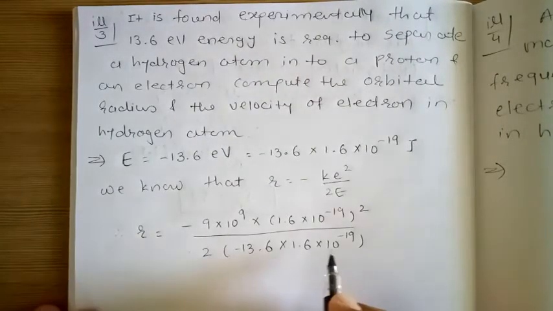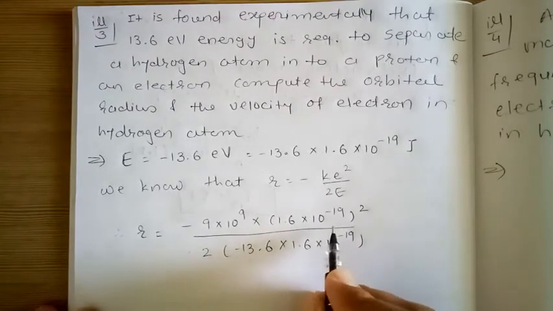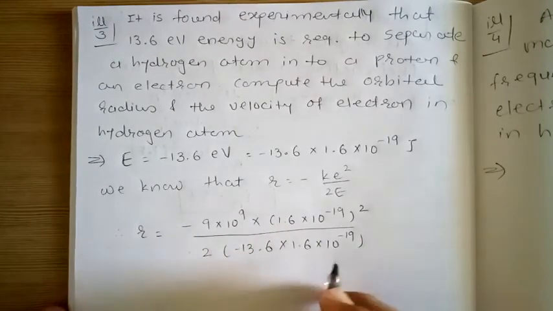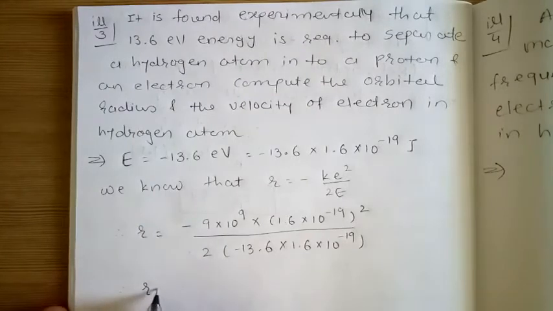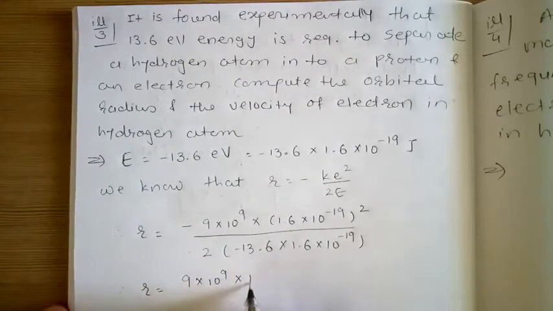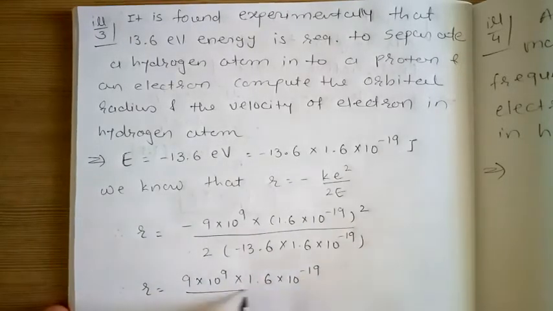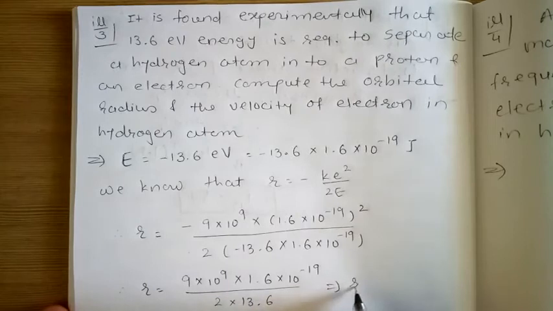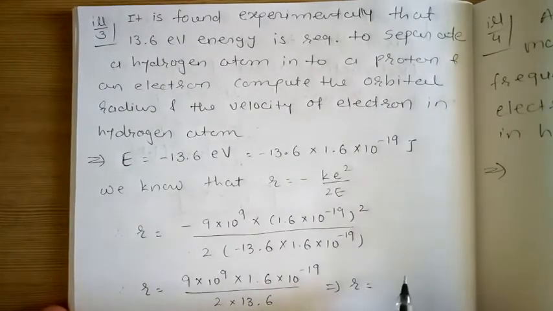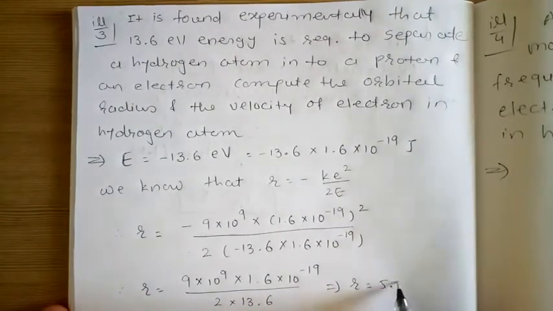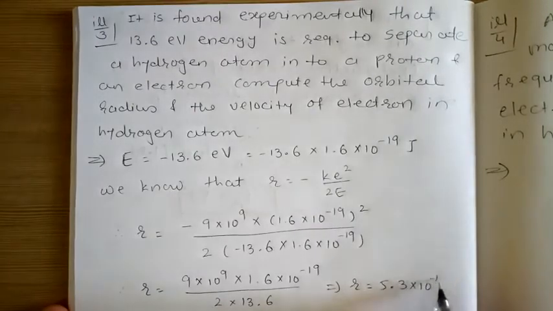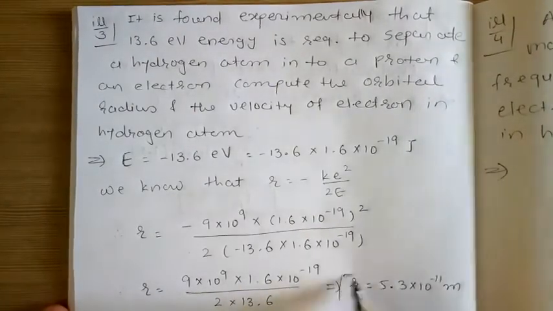Here this 1.6 into 10 raised to minus 19 cancels. So we get r is equal to 9 into 10 raised to 9 into 1.6 into 10 raised to minus 19 divided by 2 into 13.6. So finally we get r is equal to 5.3 into 10 raised to minus 11 meter.